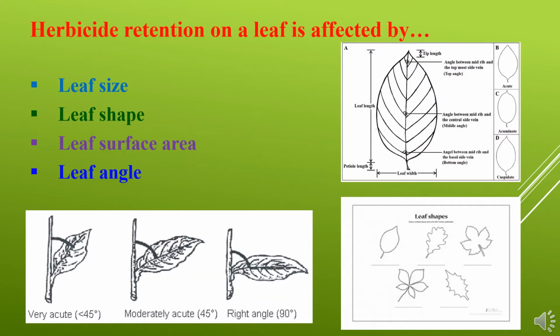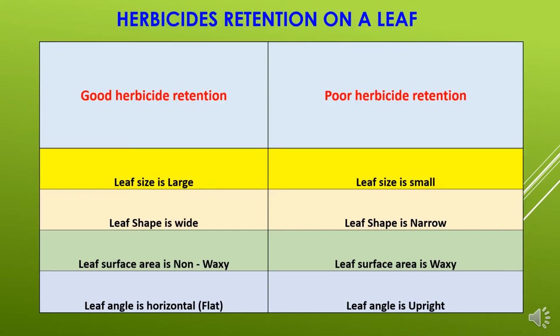Herbicide retention on a leaf is affected by various factors like leaf size, leaf shape, leaf surface area, and leaf angle. There are two types of herbicide retention: good herbicide retention and poor herbicide retention.